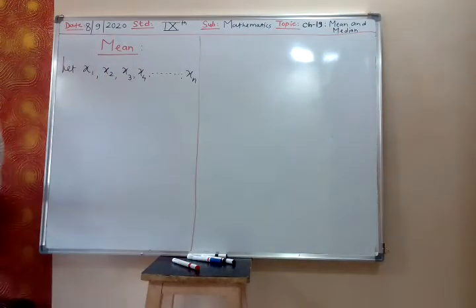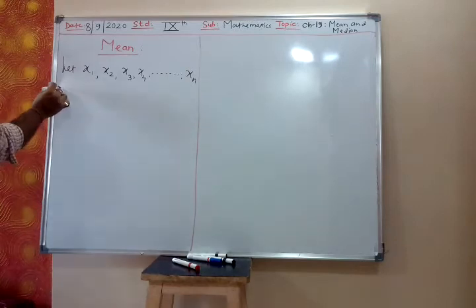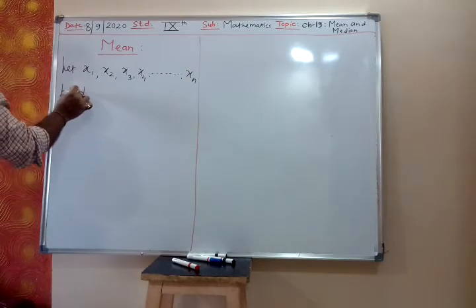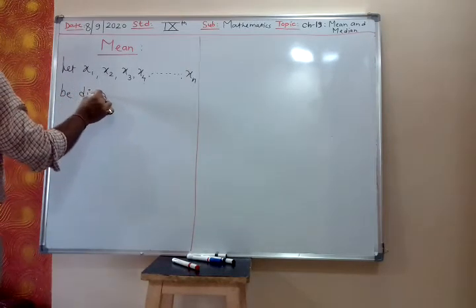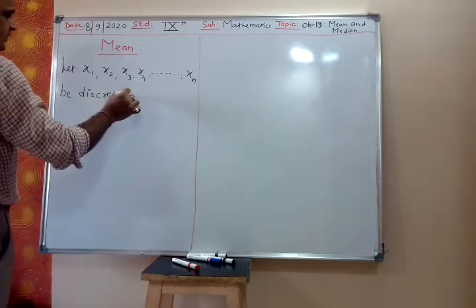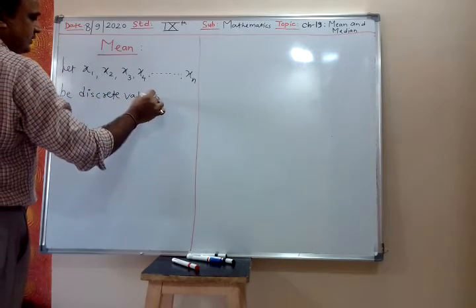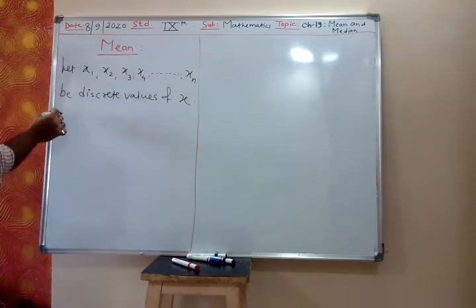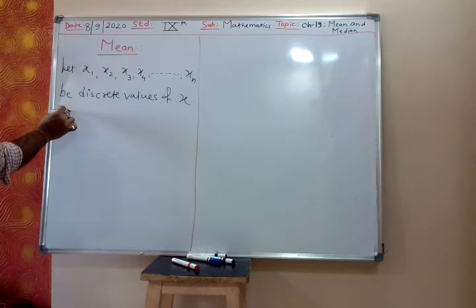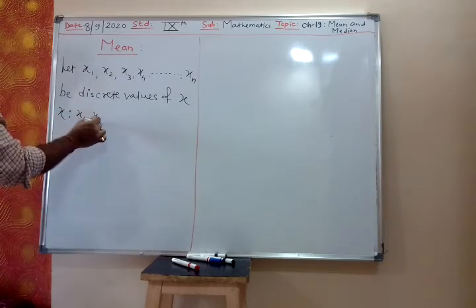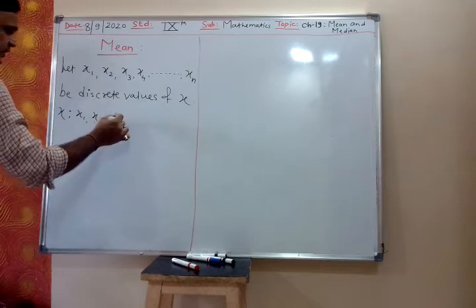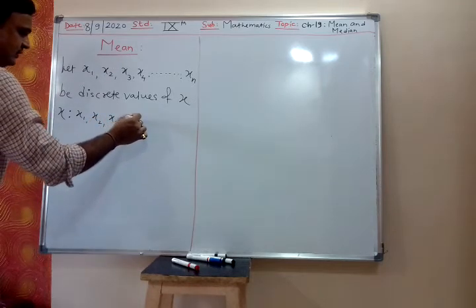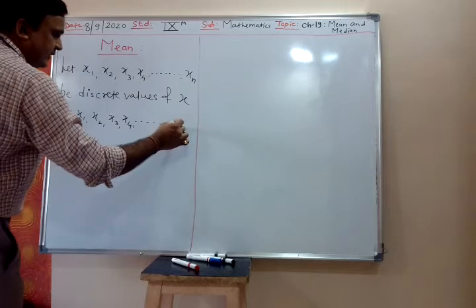These are the discrete values of x. So you are given discrete values of x. So x has the discrete values x1, then x2, x3, x4, xn.